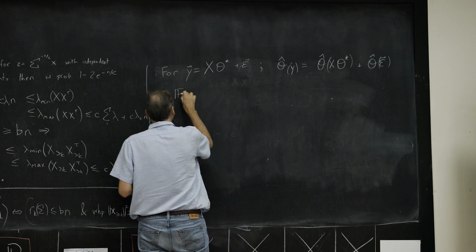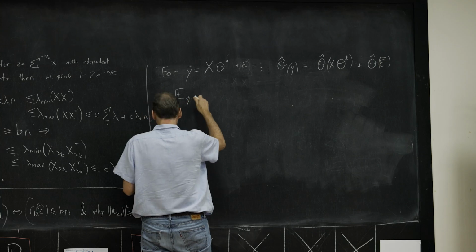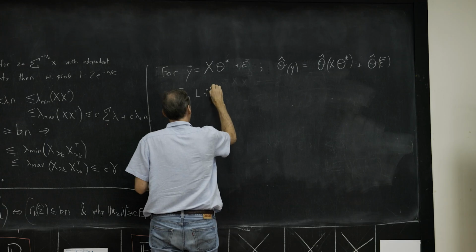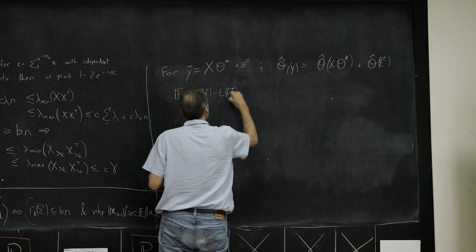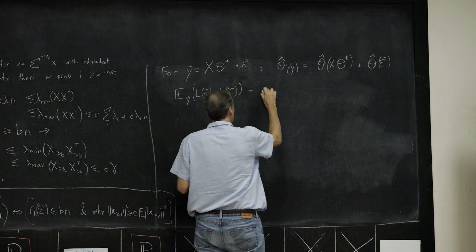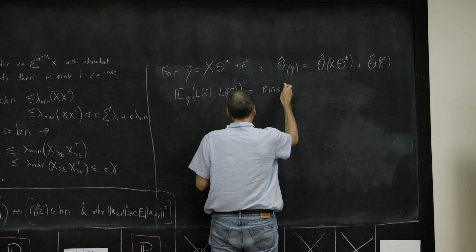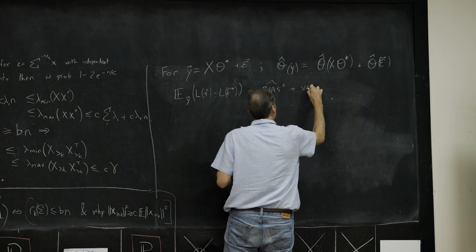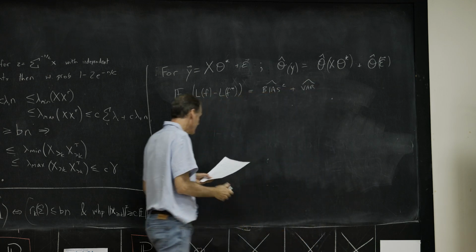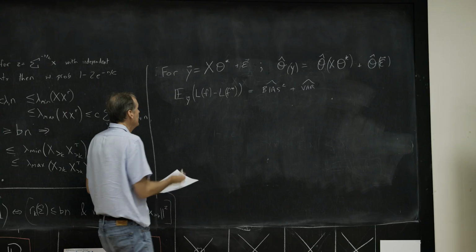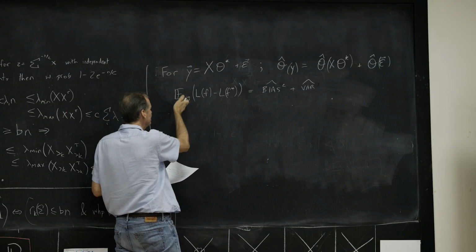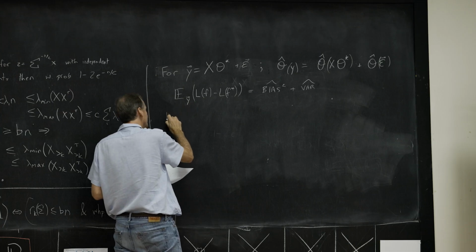So when we write this expectation, averaging over that y variable of the excess loss, L(f) minus L(f star), we saw this decomposition into the two pieces. If we're interested in that expectation, then we can compute those two pieces.